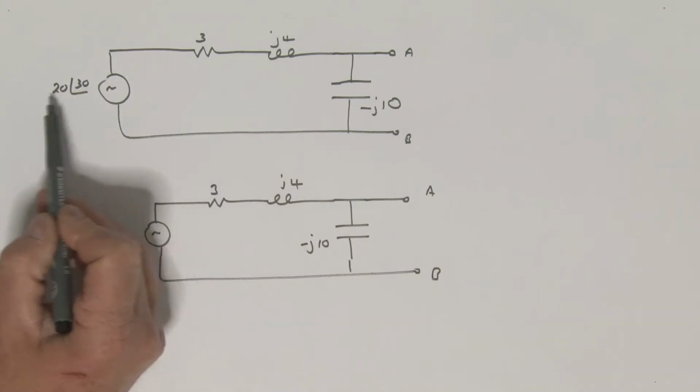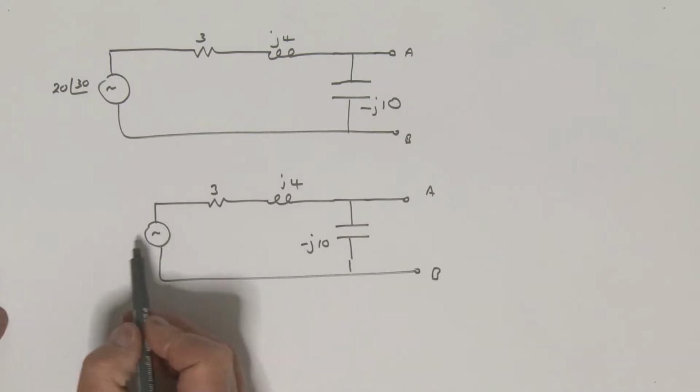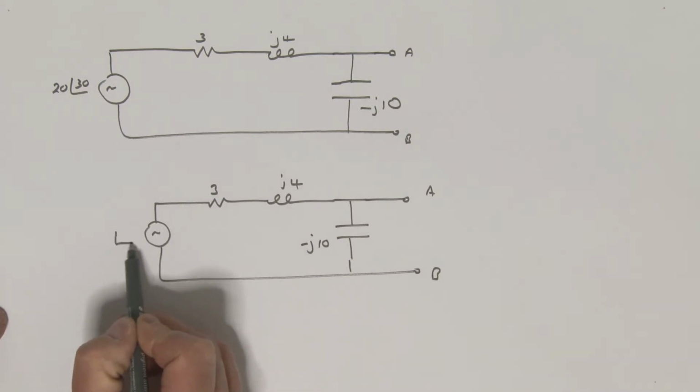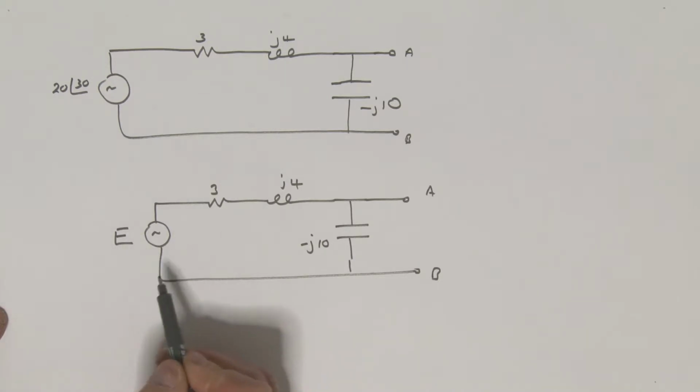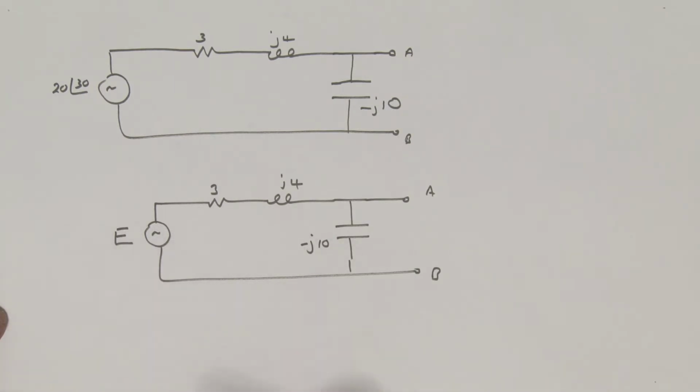Let's not specify 20 angle 30, let's write this in a generic way and say it's got a value E, and we'll see if we can write down some information with respect to that E.